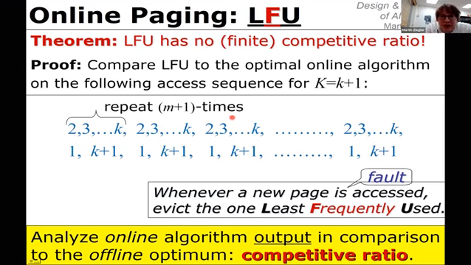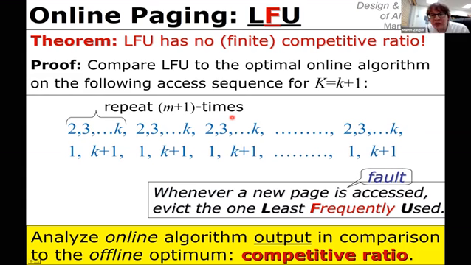And this is the sequence we've constructed. First, we made the program access pages 2 to k, so that's k minus 1 pages, and we made the sequence in such a way that these pages are accessed all the time over, such that the least frequently used algorithm creates a very high access count for all of these pages, while the access count for pages 1 and k plus 1 remains 0, which means that when in the second part any of these pages 1 or k plus 1 get accessed, the original pages 2 to k will not be evicted because they have accumulated such a high access count.